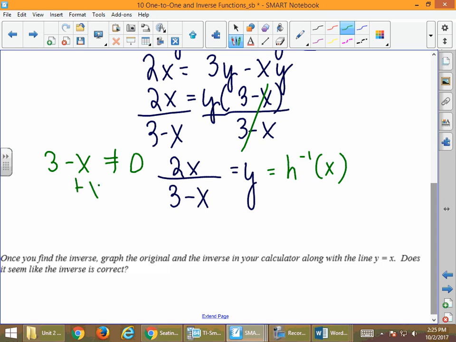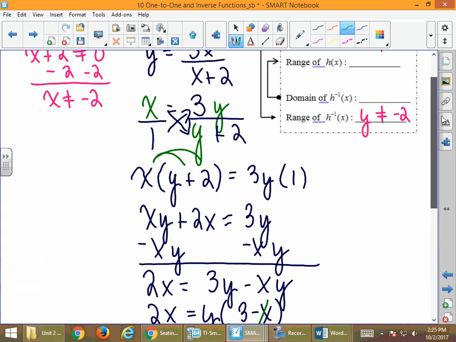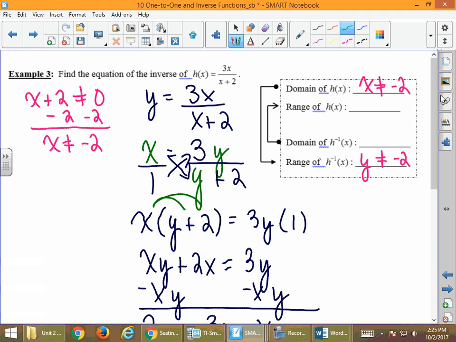We can add x to both sides, and we end up with x doesn't equal 3. That's the domain of this function. Which if we go back up here to our box here, we can say x doesn't equal 3.